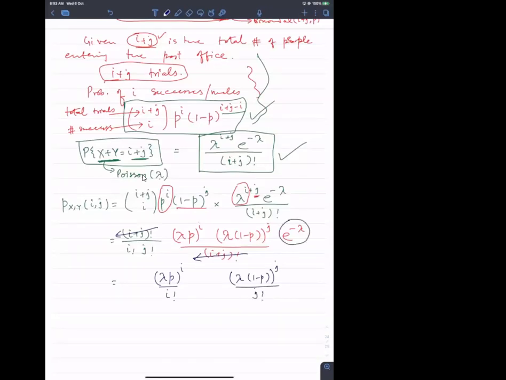And this e to the minus lambda, I can break up as e to the minus lambda p multiplied by e to the minus lambda 1 minus p. Nobody objects to this.